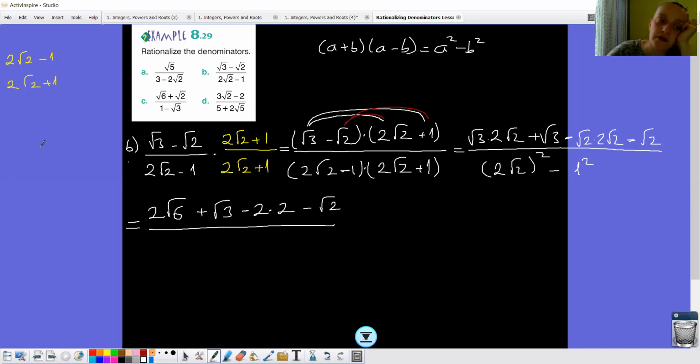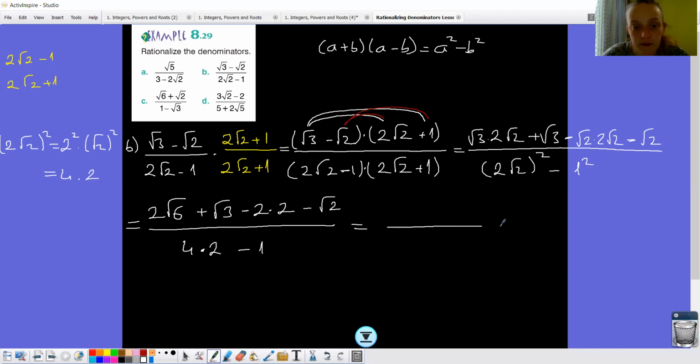When I have an expression in this way, 2 root 2 squared, this means it is 2 squared times root 2 squared. So it will be 2 squared, which is 4, times root 2 squared will be 2 itself, yes? So I'm writing 4 times 2, and minus 1 squared is 1.